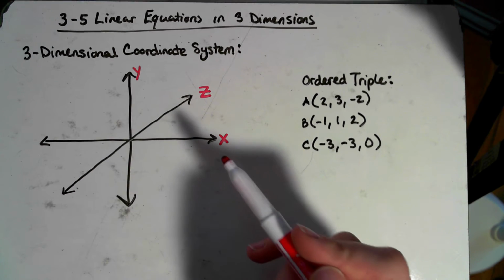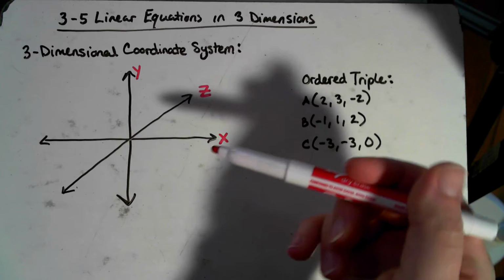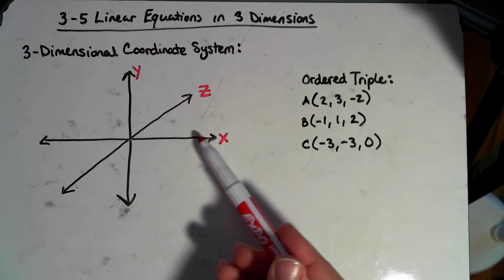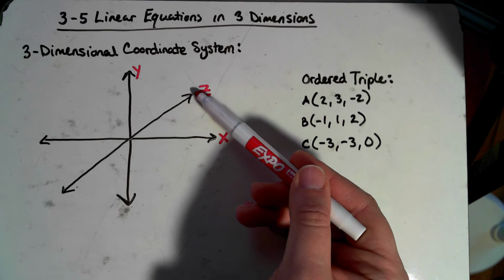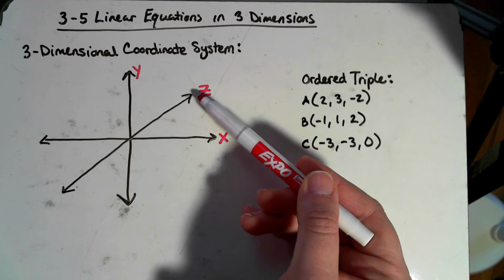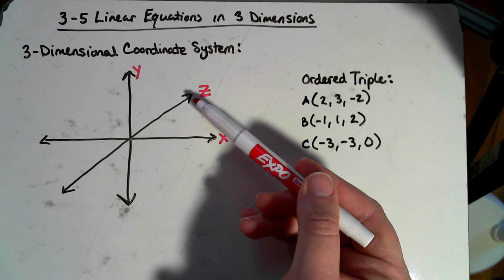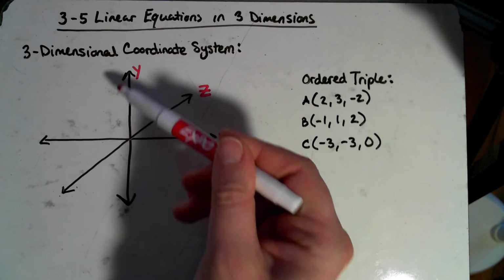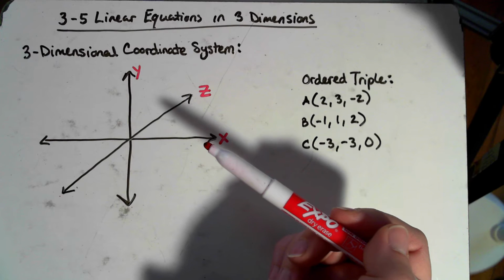Now, when you draw your coordinate plane for this, you would have the vertical axis, the horizontal axis, and then we add in this one going this way. A lot of times in the book, you'll see it turned so that this is your positive y, this is your positive x, and this is your positive z.